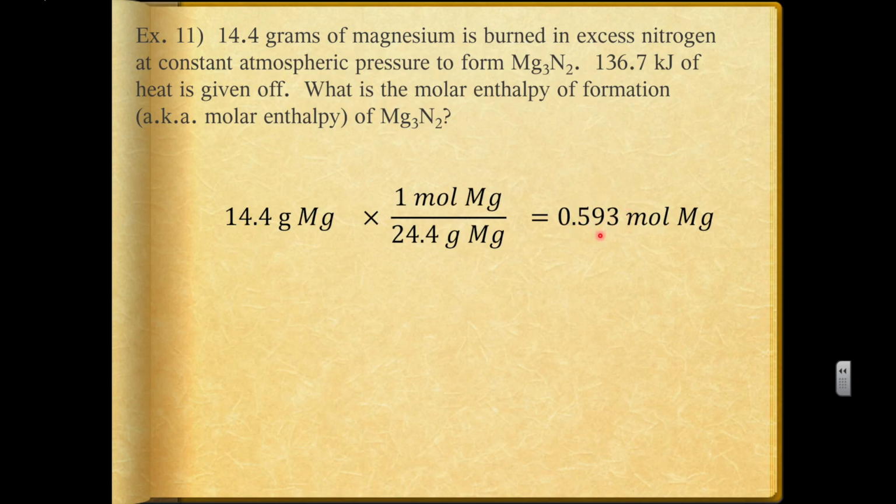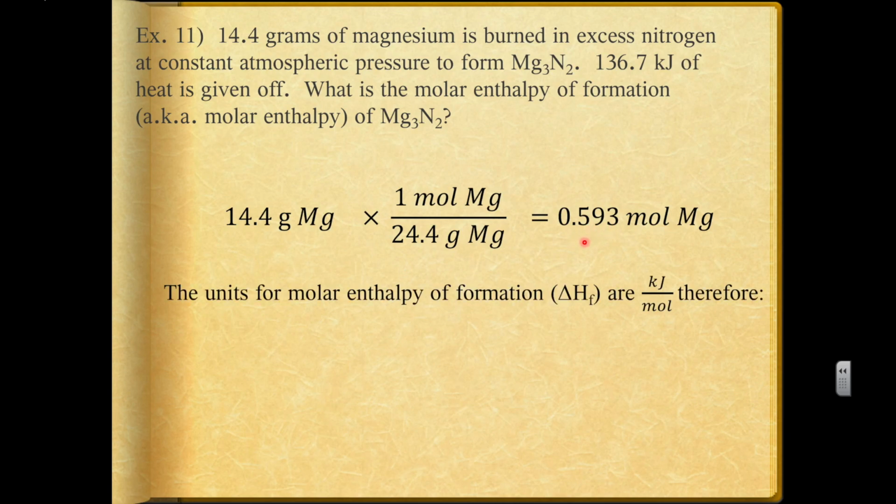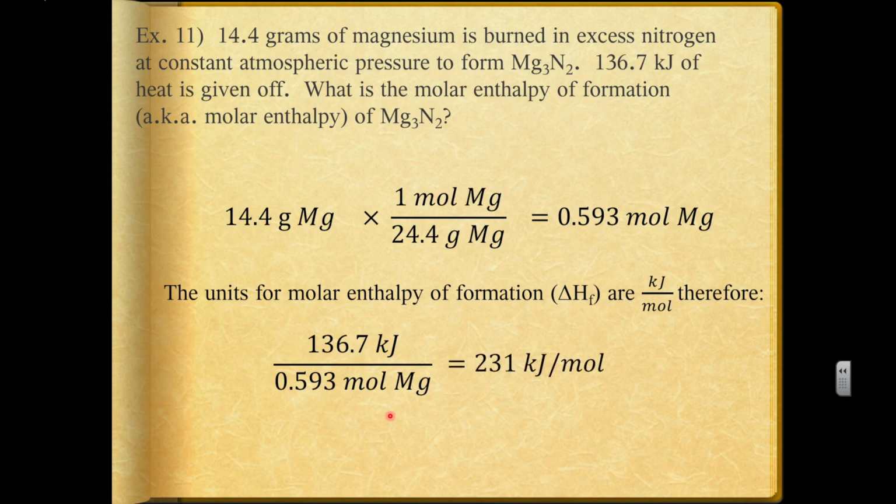So let's change that to a proportion of how many kilojoules per 1 mole. So all I need to do is take my 136.7 kilojoules, divide it by the number of moles, and I will get 231 kilojoules per 1 mole. Okay, that's essentially all I'm trying to do here.